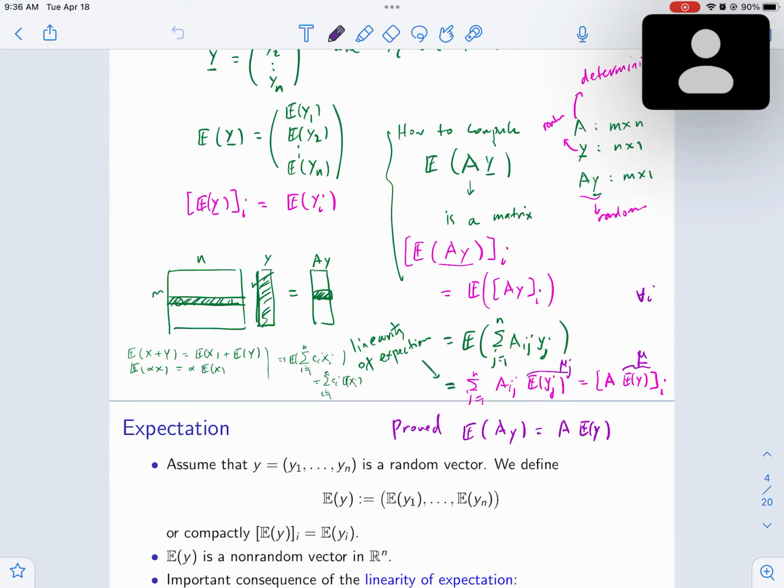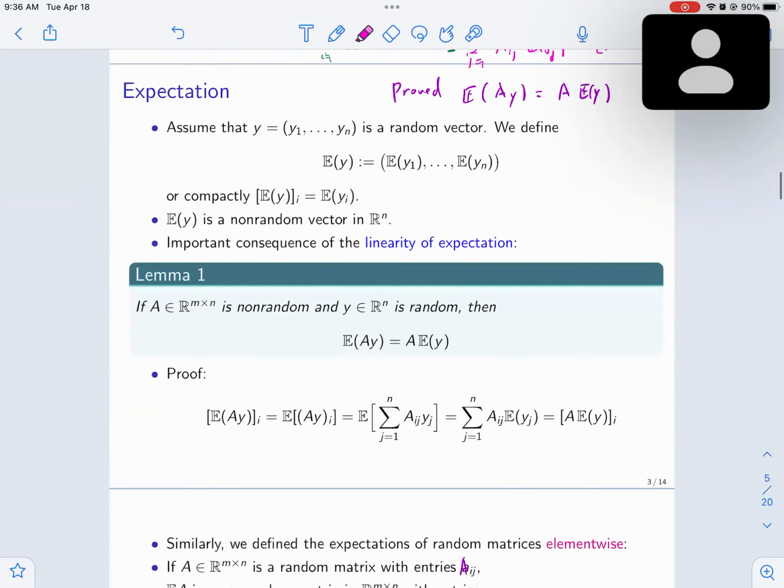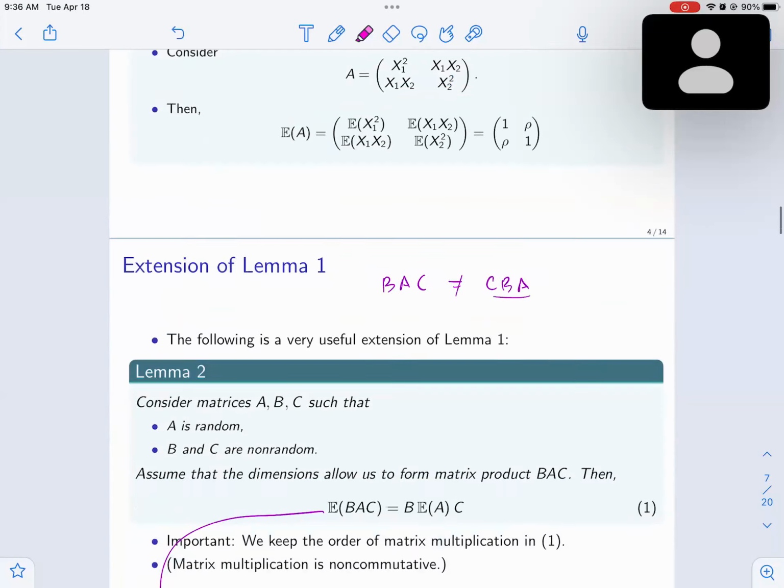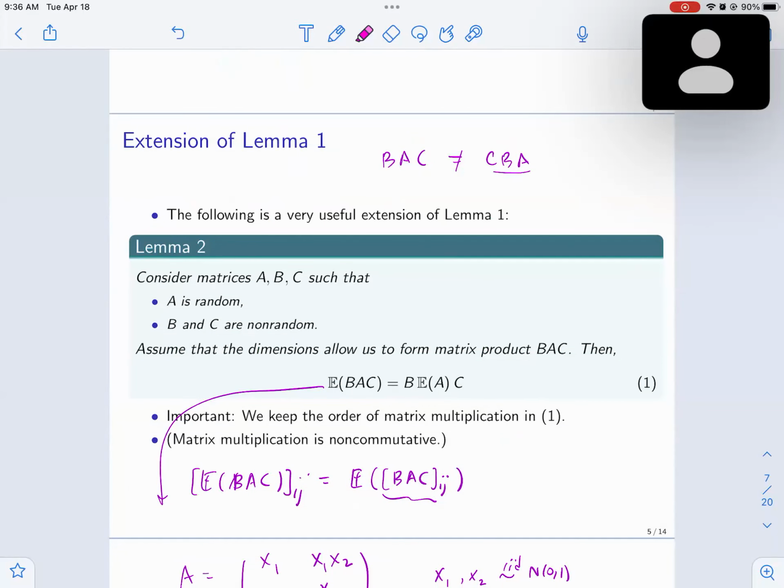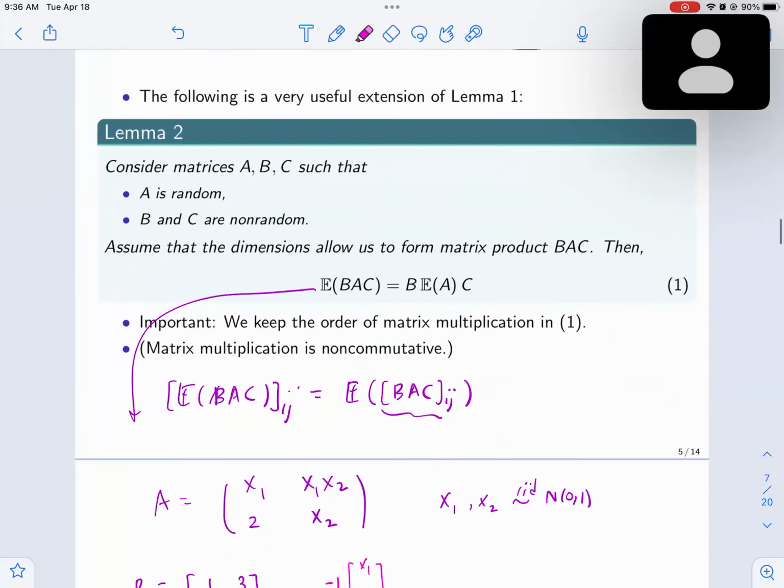So this led to the idea that if you want to compute the expectation of the matrix A times Y, we can basically take out A. An extension would be when we have a multiplication of multiple matrices. Let's say B and C are deterministic constant matrices, and A is a random matrix.